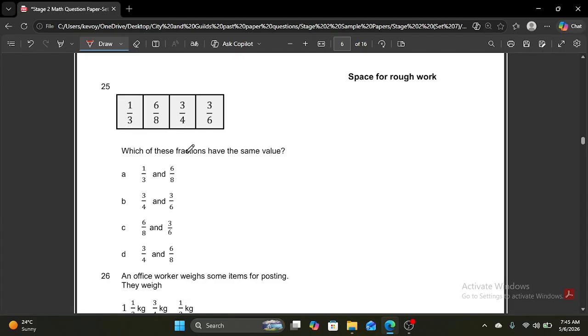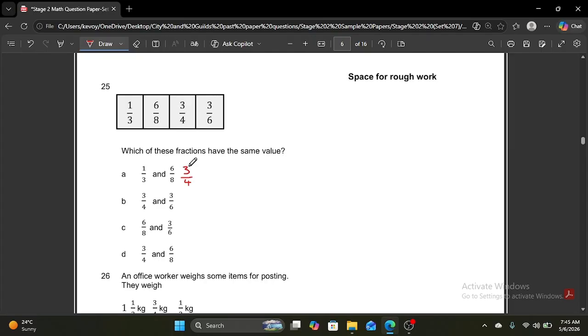What's the highest factor for dividing here? For 6 and 8, that would be 2. So 6 divided by 2 would be 3, and 8 divided by 2 would be 4. So we're just simplifying the fractions to see which one would be identical after simplifying.